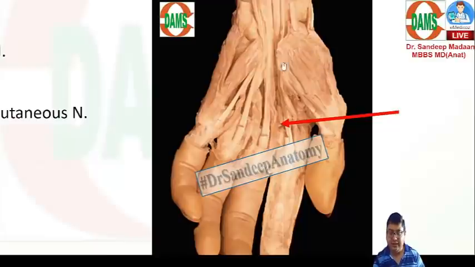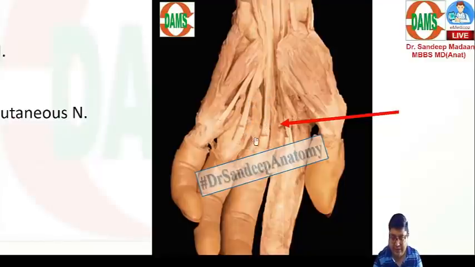This is the thenar part, this is the hypothenar part, where we have the abductor on both sides, abductor pollicis and abductor digiti minimi. Inside we have the flexor. But if you go one level deep you will be getting the opponens on both sides. And these are the flexor pollicis longus tendon.